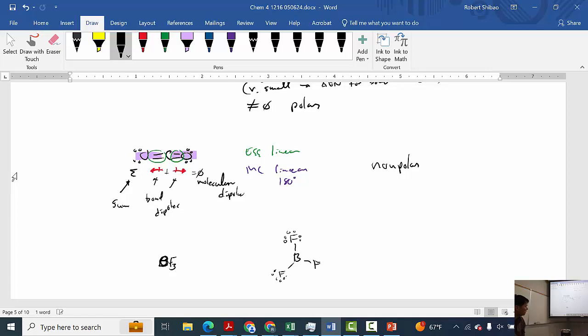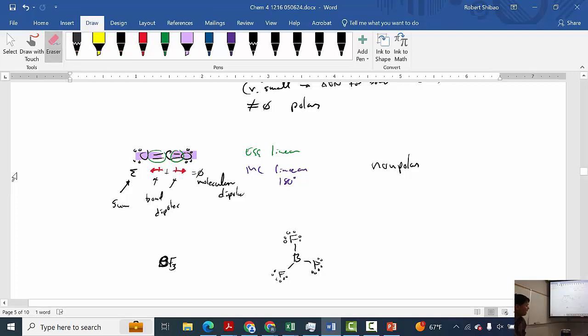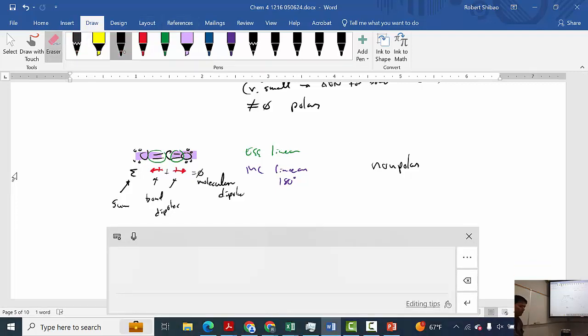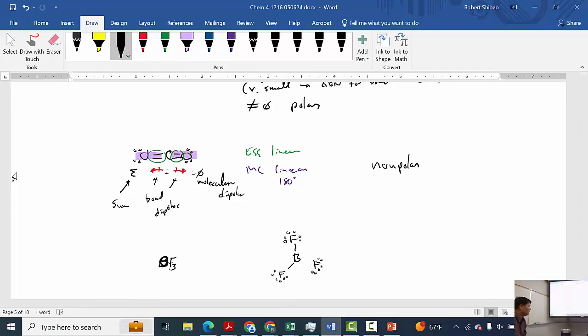Barium trifluoride. Oh, not barium. Sorry, boron trifluoride. That's correct. Barium, what's the symbol for barium? Ba. And so B just refers to boron.